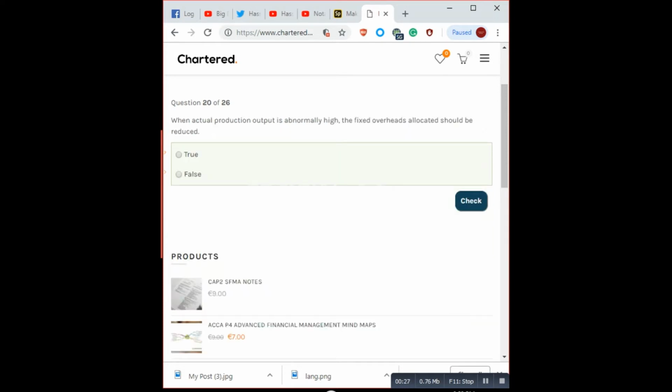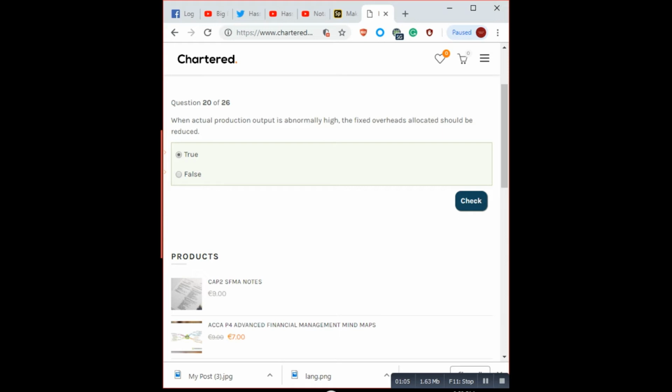When actual production output is abnormally high, the fixed overheads allocated should be reduced.